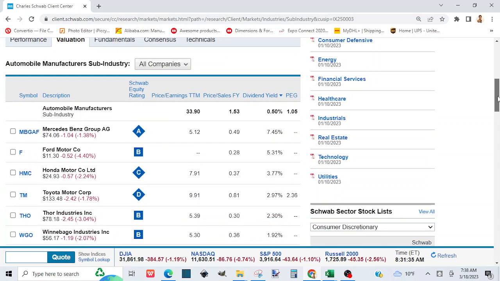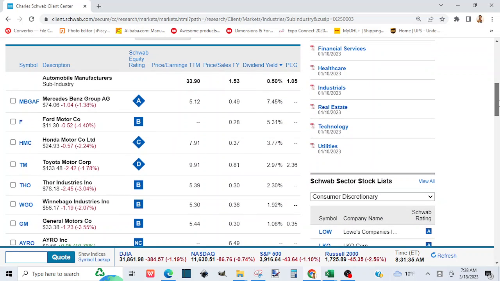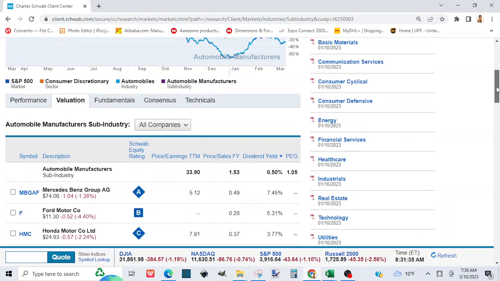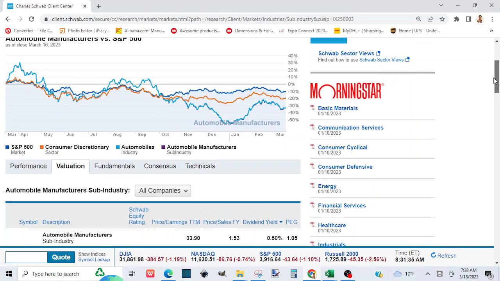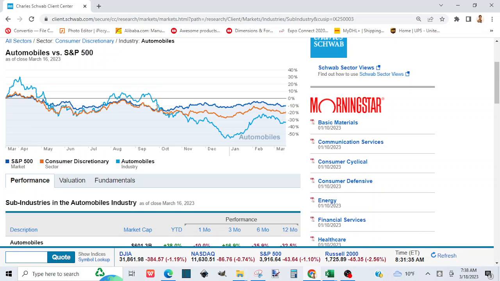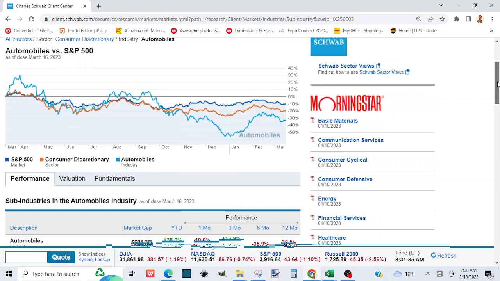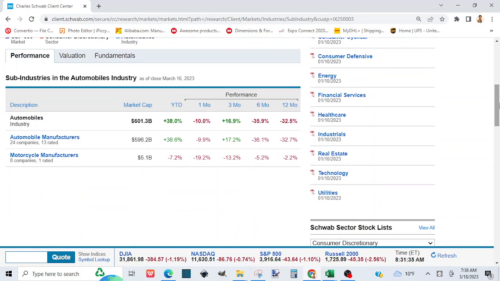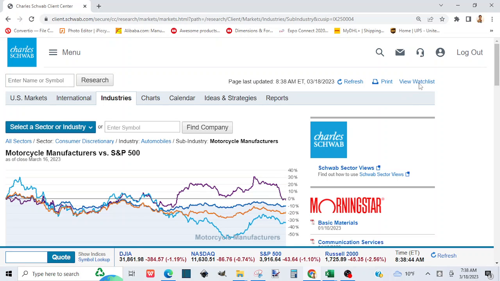Pretty much, I think I explained the batch process. You record this to your spreadsheet, and then you will go back up and click on automobile, and we will go to the motorcycle manufacturer sector, sub-industry.